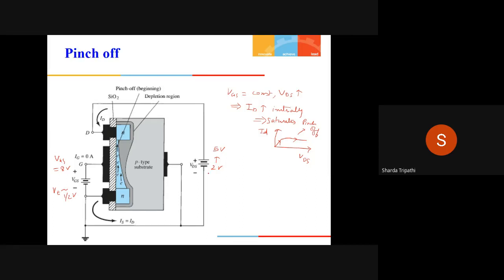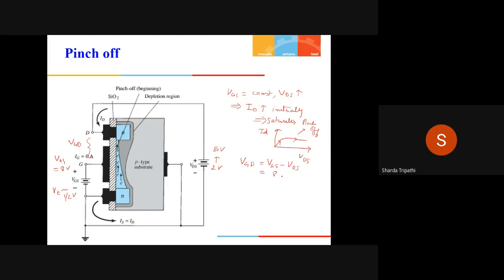तो जब VDS की वैल्यू 2 volts थी, at that time if I want to see how much is the effective voltage which is appearing across the gate and the drain, यहाँ पे कितना voltage आ रहा है, this voltage is VGD. So how much voltage this will be? This is equal to VGS minus VDS.